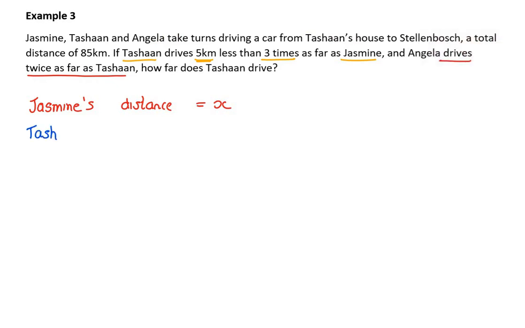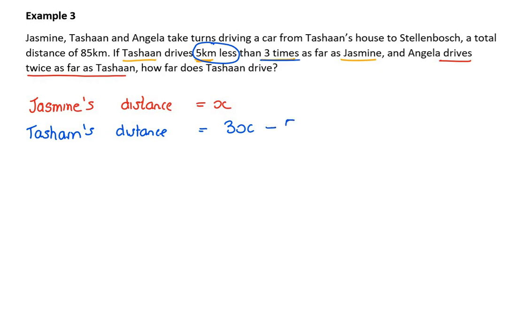So let's actually look at Tashawn now. If Tashawn drives 5 kilometers less than 3 times as Jasmine, she doesn't quite drive 3 times Jasmine. So 3 times Jasmine would be 3x. She drives 5 kilometers less than 3 times.